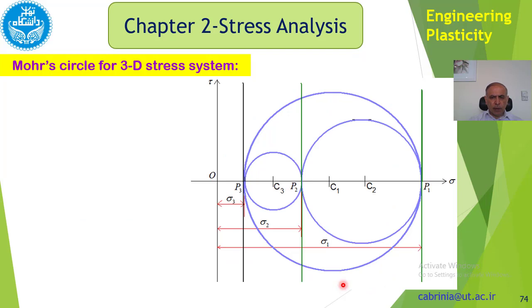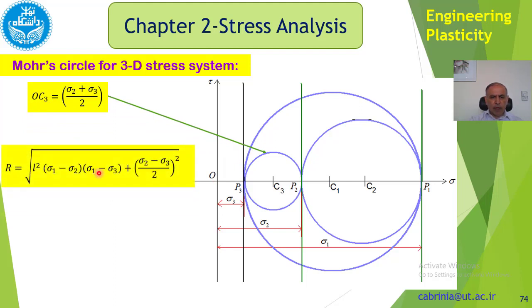And for the third circle, we have this one, which is sigma 3, centered at C3, and the radius is sigma 2 minus sigma 3 divided by 2, plus sigma 3 gives you the coordinate OC3.